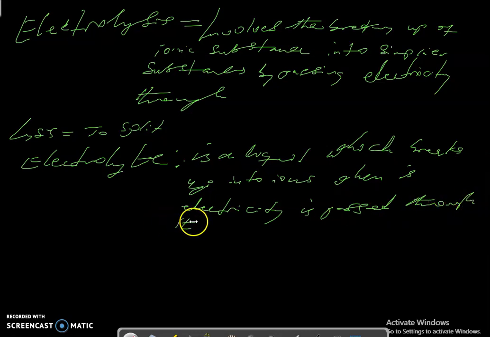Okay, so an electrolyte is a liquid which breaks up or decomposes into ions when electricity is passed through it.